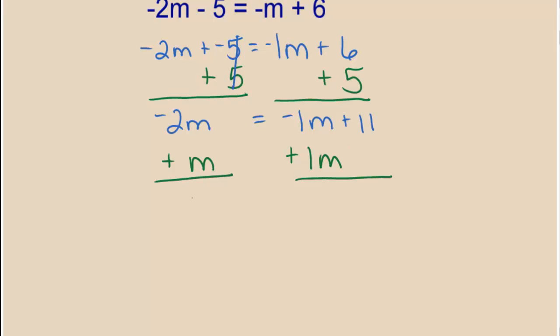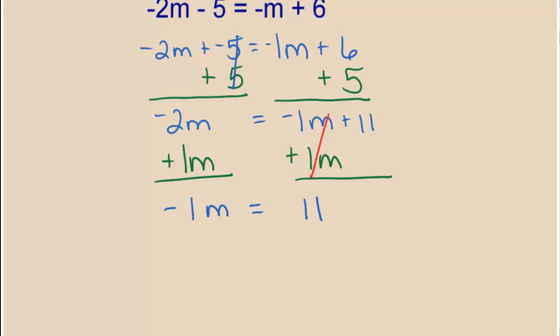So on the right-hand side, -2 plus, there's an understood +1 here, equals -1m, or -m. -1m plus 1m, those cancel each other to equal 0, and we're left with 11 on the right-hand side. So what do you do when you have a -m or -1m?